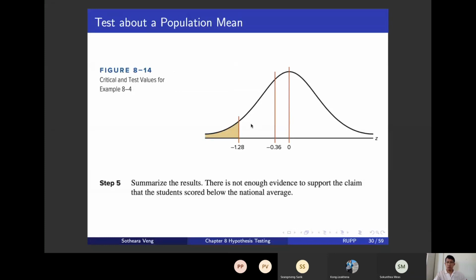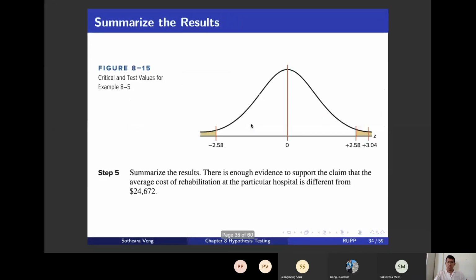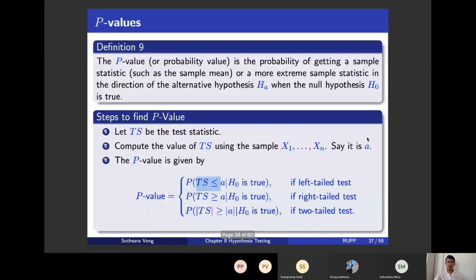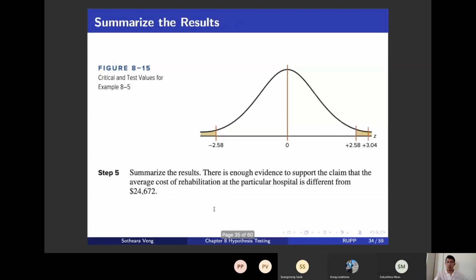This area. And for the two-tailed test, you have to define p in a different way. You have to count the area under the curve at the test value, and the area under the curve at the negative of the test value.